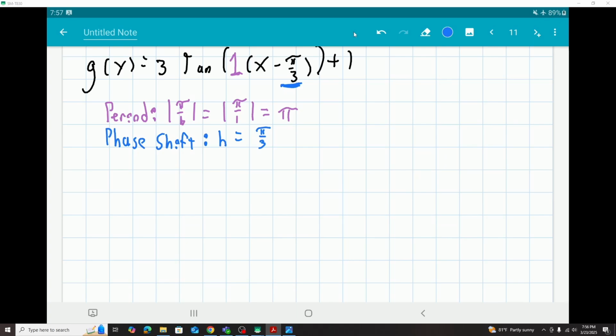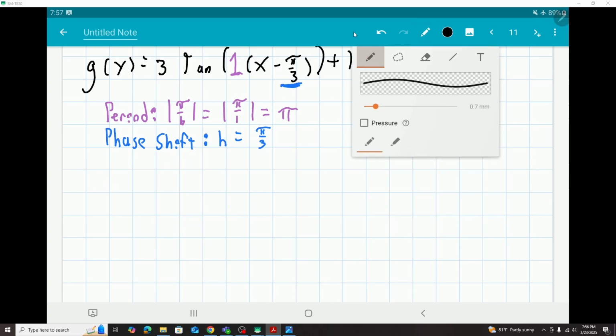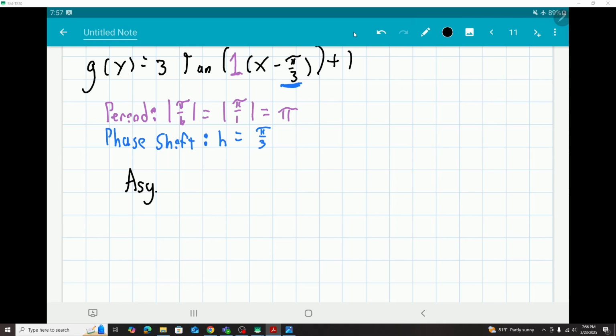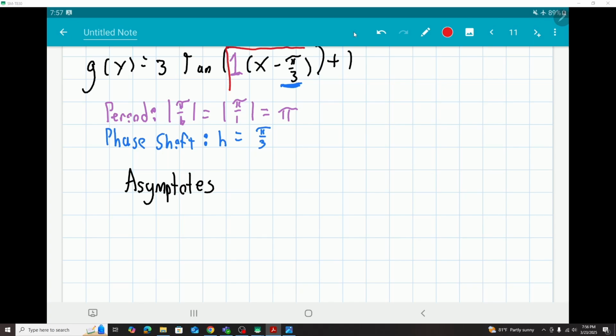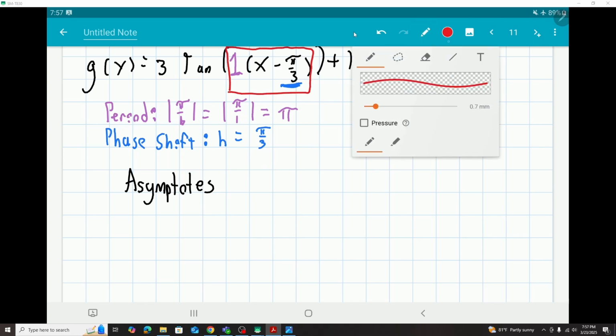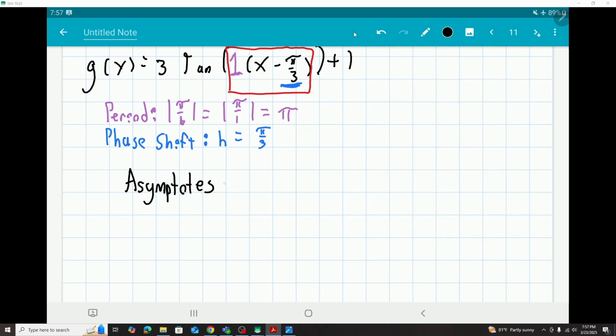And so now we need to find asymptotes. And so I always, to find the asymptotes of tangent, take the inside function, and I set that to be equal to pi over 2 plus pi k.